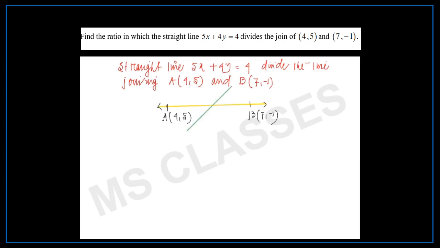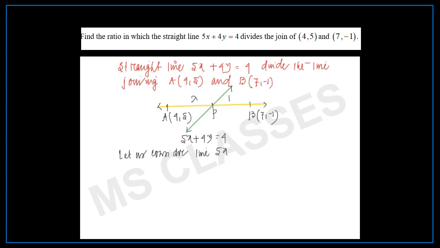Now this point will take us to some point P. Now this is the line 5x plus 4y equal to 4. And we assume that the line is dividing the line joining AB in the ratio lambda is to 1.